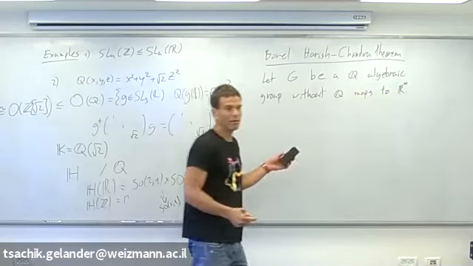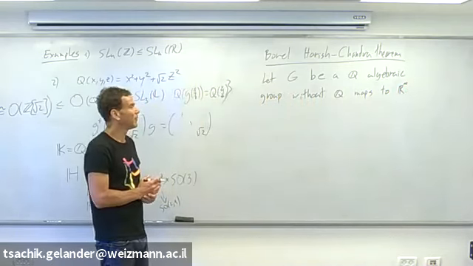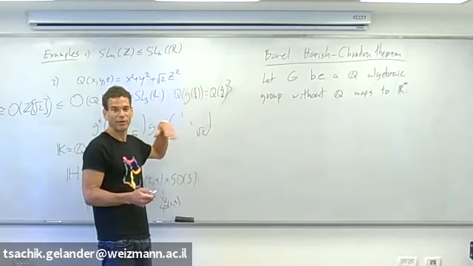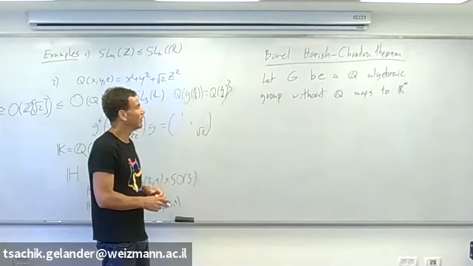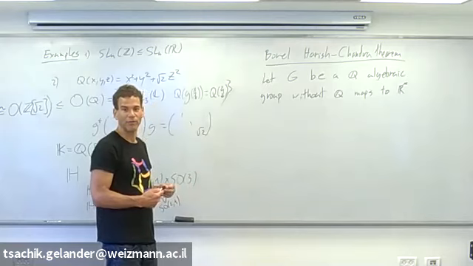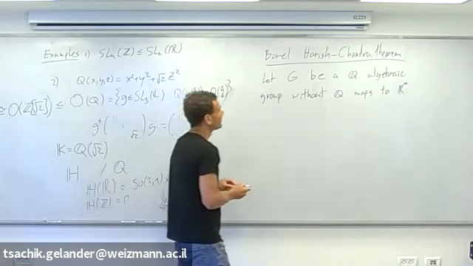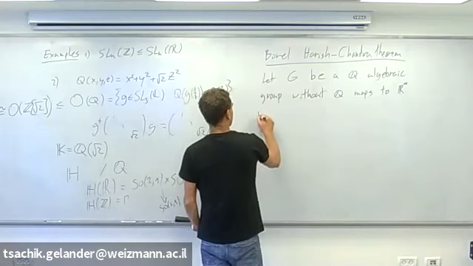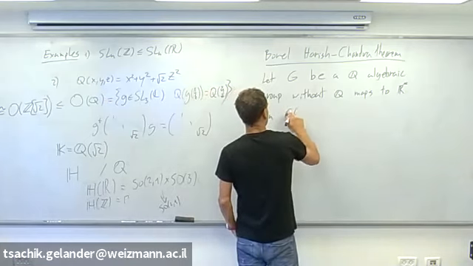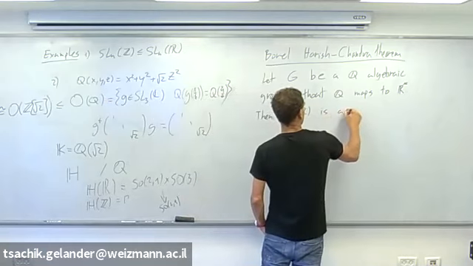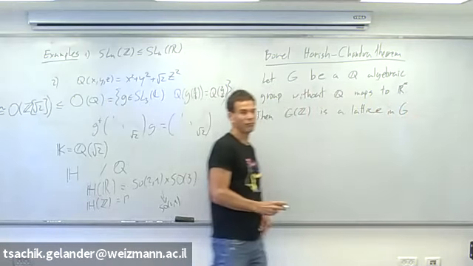If G is semi-simple or perfect, then it's fine, but you don't even need that. You just need that there are no maps into the multiplicative real group which are defined over Q. So unipotent groups are also allowed, if you want. Then G(Z) is a lattice in G. So arithmetic groups are lattices.